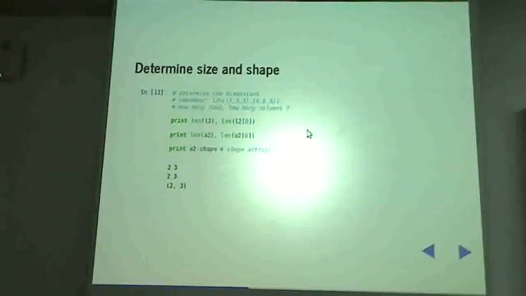You might think it should be 6, right? Because there are 6 elements. That's not right. It doesn't return the number of elements. It returns the number of elements that you have along the first dimension. Meaning that since there are only 2 rows, it returns 2. If you had 3 rows, it would return 3.